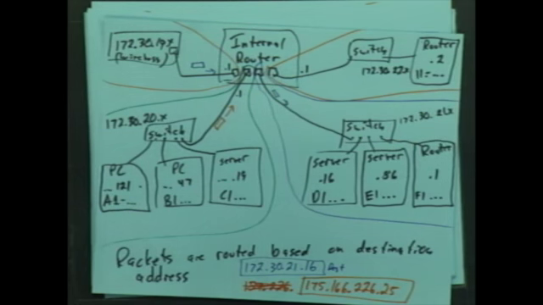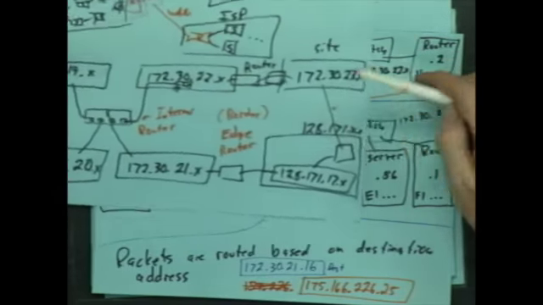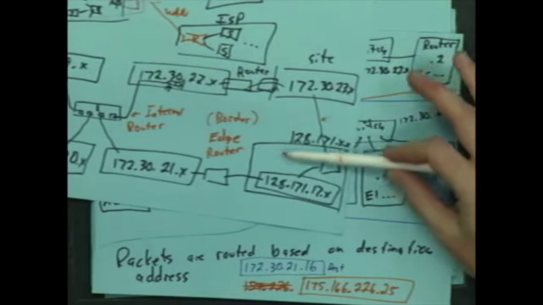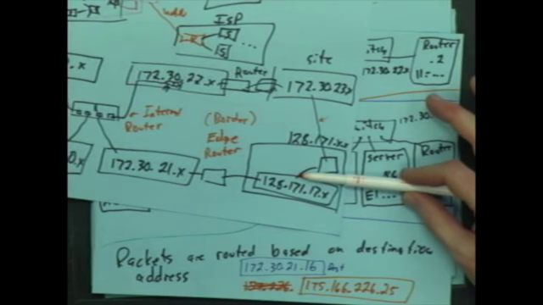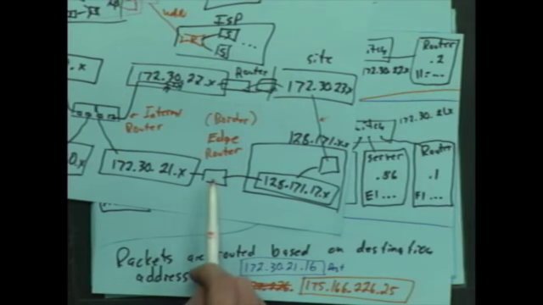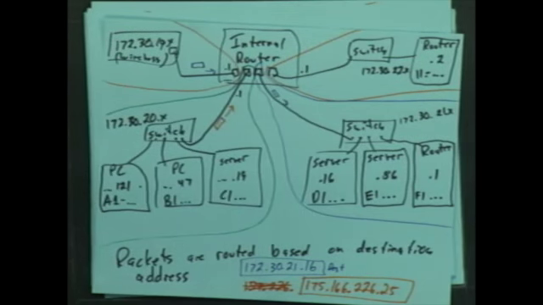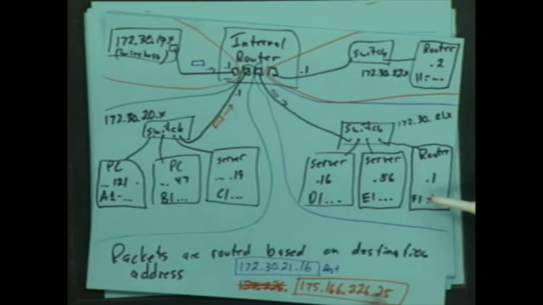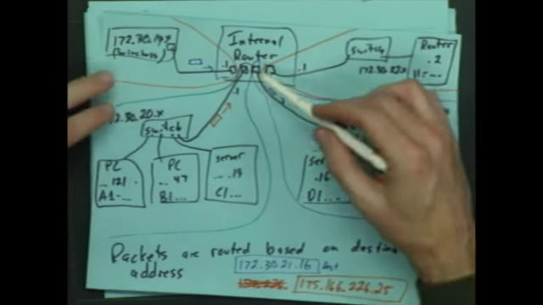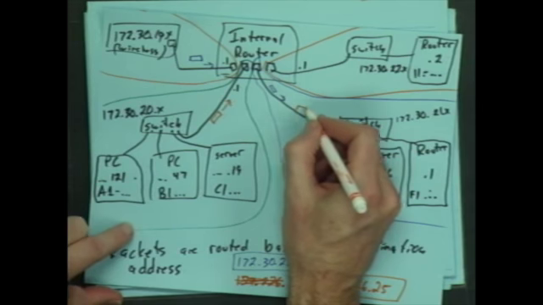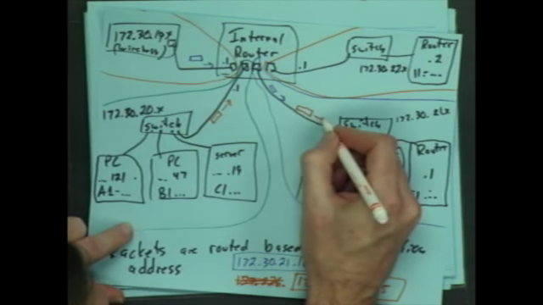You guys remember my setup here, right? Over here, this is my ISP. And in order to get to my ISP, I need to go to this edge router. That's right here. So my edge router is this one, that's .1. And so my internal router is going to send it out this wire.